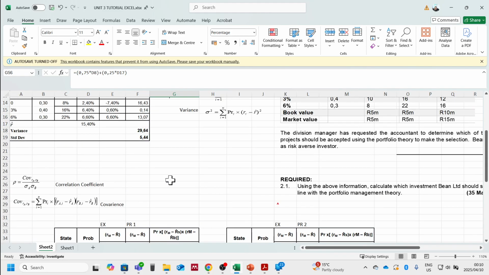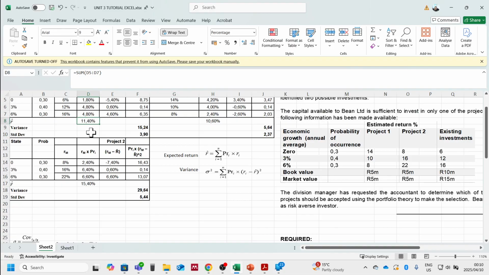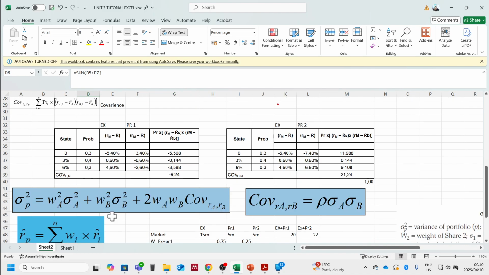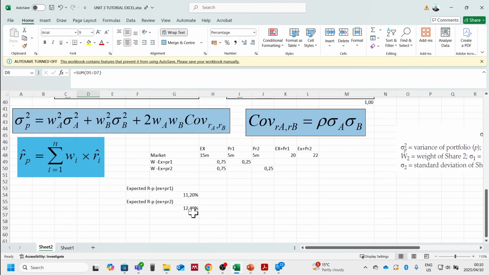So over here, you'll notice that existing was sitting at 11.4%, and this time it actually went up from 11.4 to 12.4%, by a full 1%. So the expected return increased by 1%, whereas over the other one it slightly decreased by 0.2%.